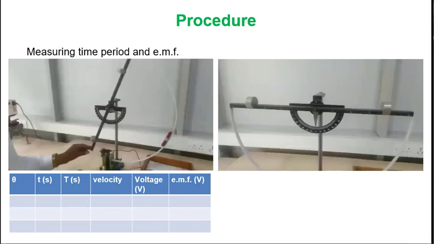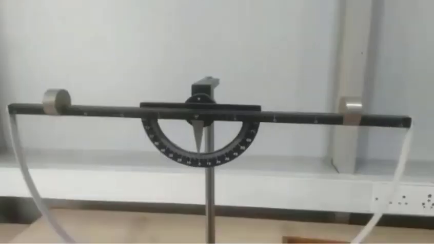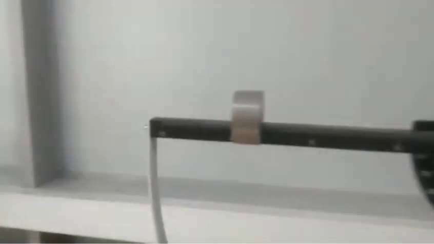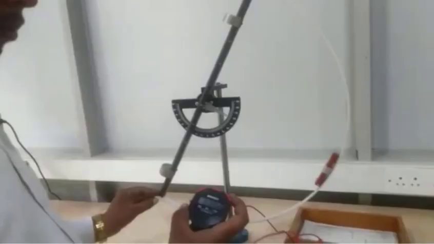These observations with varying velocity can be done by changing the moment of inertia of the system, by changing the position of masses attached with the setup. Let the position of masses be 25 centimeter from the axis of oscillation. Now for a defined initial angular amplitude, say 65 degree, note the observations for time and voltage for 10 oscillations.